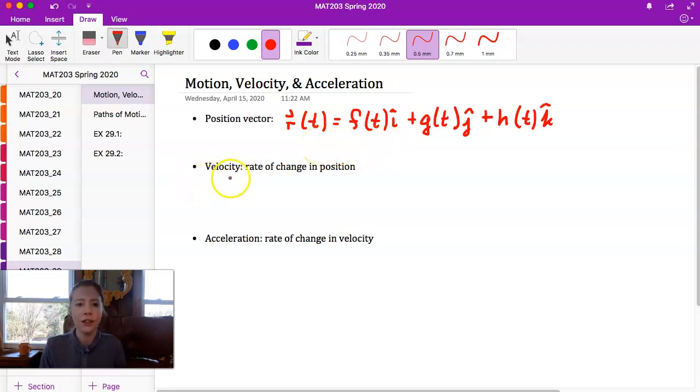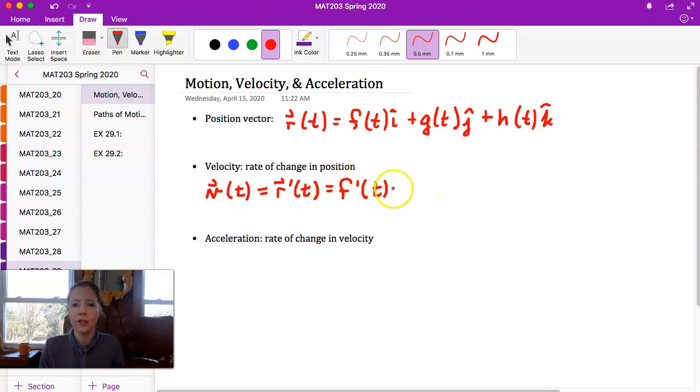So velocity, vector v of t, and I know this is a little confusing because we used vector v before to just show the direction. This v is the velocity vector, and it's equal to the first derivative of the position vector, r prime of t.